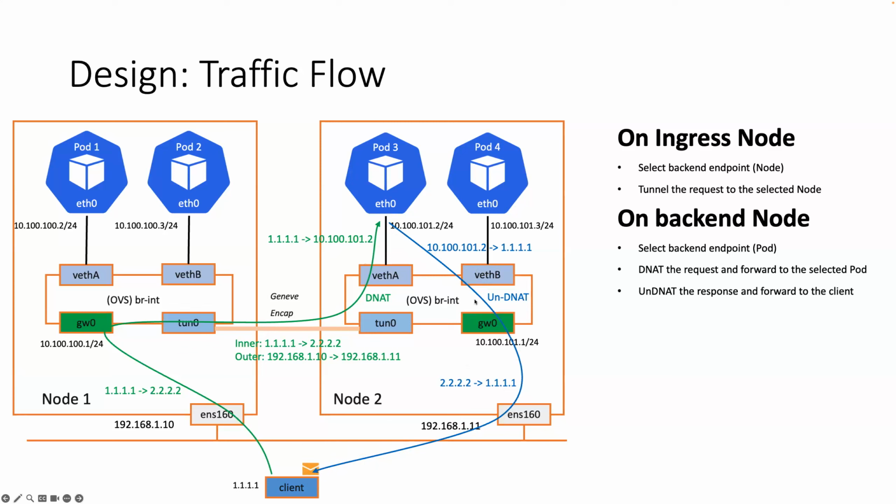Before it reaches Open vSwitch, the response source IP will be the pod IP, and the destination IP will be the client IP. And after performing the translation, the source will be the service IP, and the destination IP will still be the client IP, so the client can receive the response.